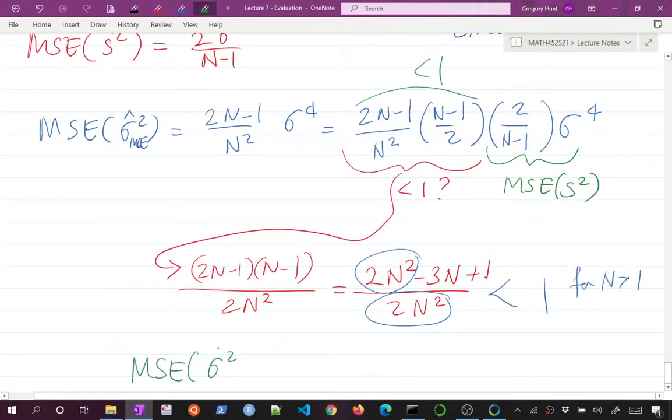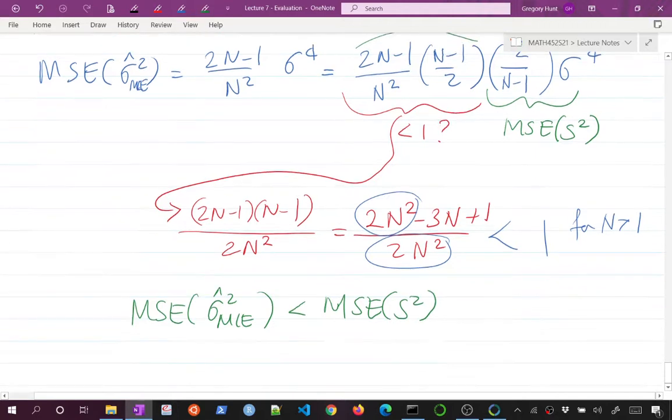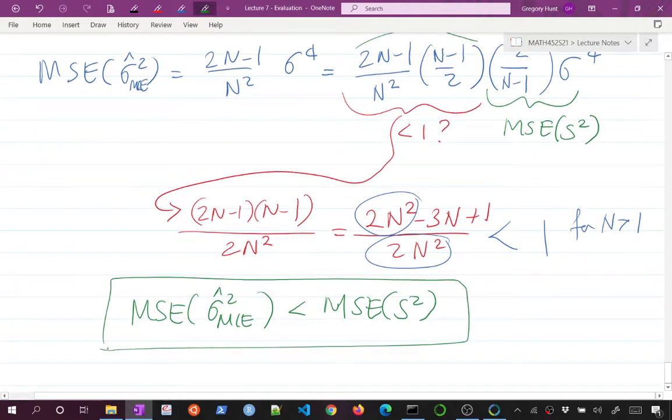So the MSE of sigma hat squared, the MLE, is less than the MSE of s squared. So indeed, if we have normal data and you want to estimate the variance, you're better off, if you just care about MSE, using the MLE.